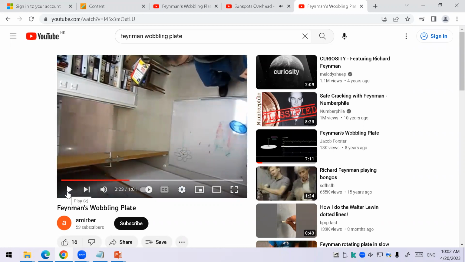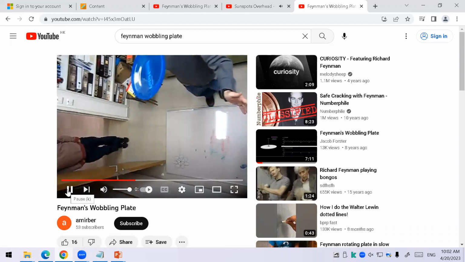Of course, the whole thing is doing a projectile motion because of gravity. But you understand that gravity itself does not give a torque to the plate about the center of mass. So that center of mass motion is irrelevant in this picture.